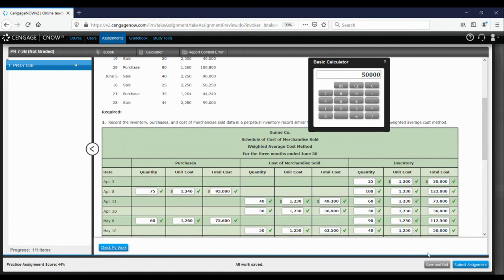So you still have to remember the steps of the accounting cycle that we learned at the beginning of the semester. You journalize first, then you post to the ledger, you go through all the steps of the accounting cycle, and eventually you're going to prepare your financial statement. Is there any question about what I did on this transaction?